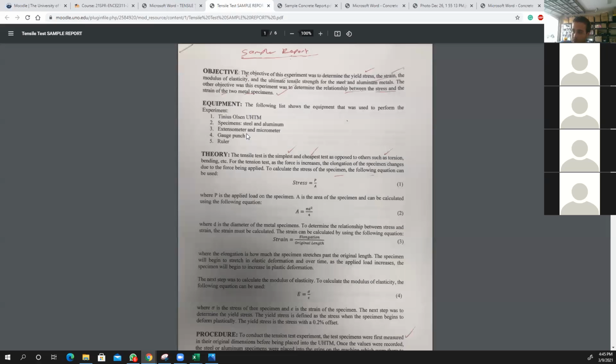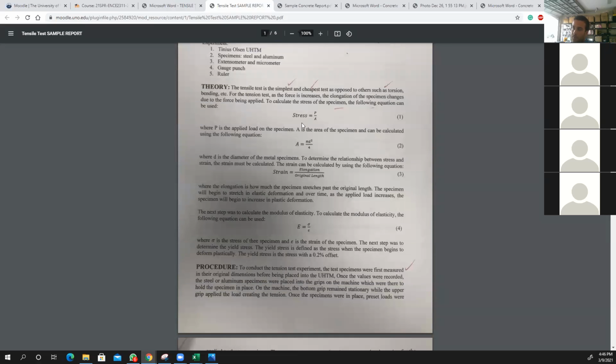The micrometer is used to measure the diameter of the specimens. The gauge punch is used to punch two holes that show the gauge length, 2 inch. And the ruler, we use the ruler to check the dimensions.